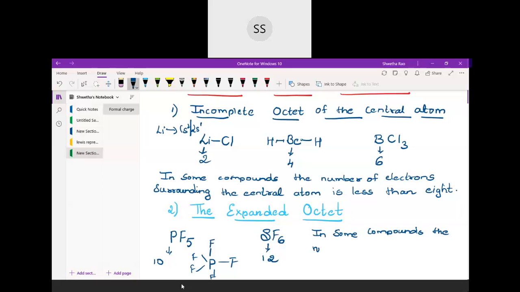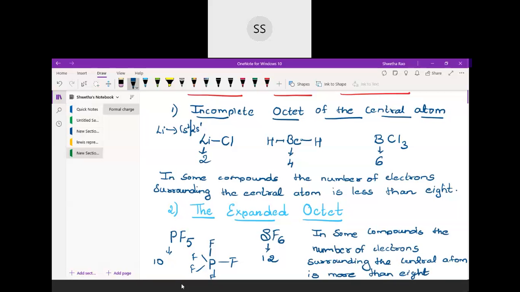the number of electrons surrounding the central atom is more than 8.